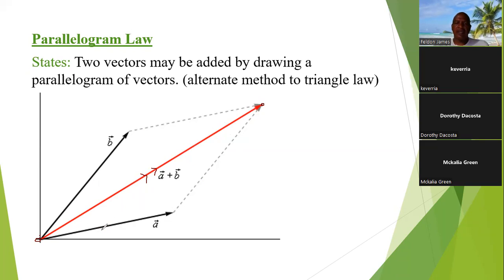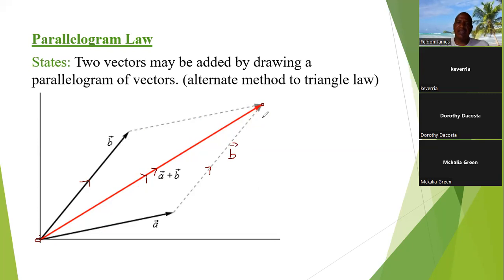Is that clear, guys? Now, in a similar way, if you take half of the parallelogram, this dotted line would be parallel to this line. They would have the same magnitude and the same direction. So it means that this vector would be the same as the vector B. Do you agree, guys?